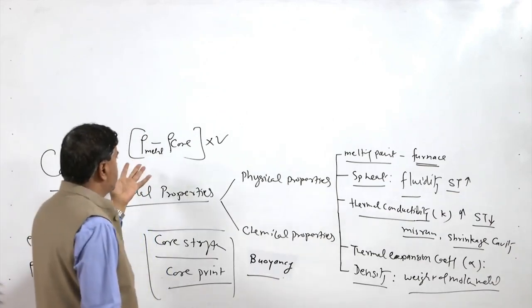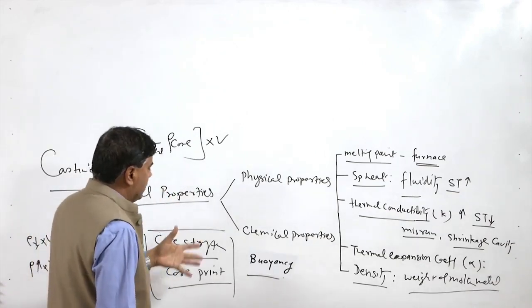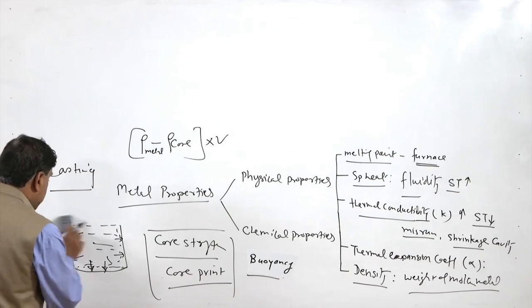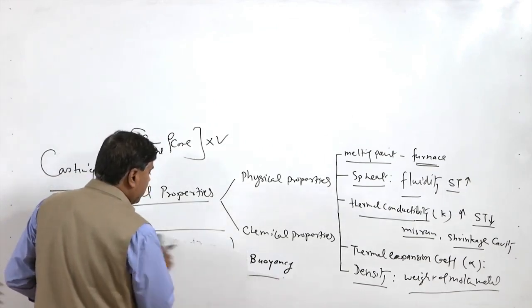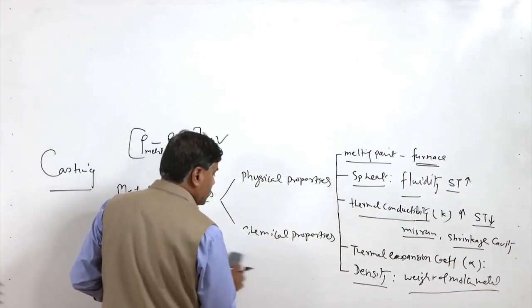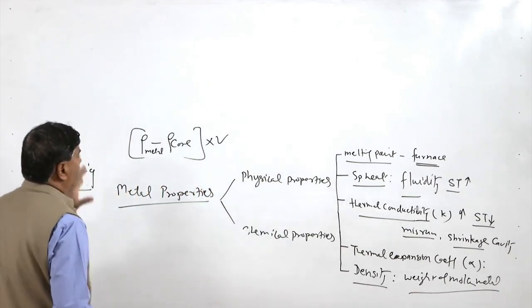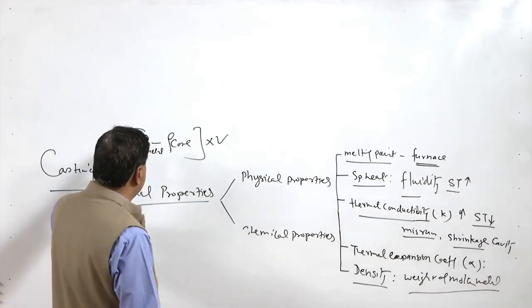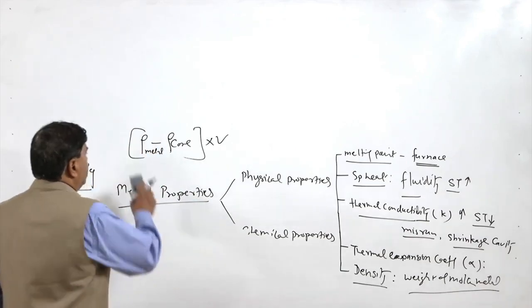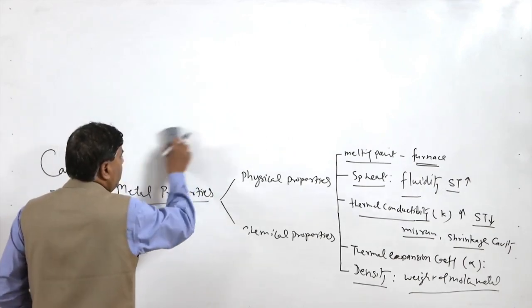If this force is too high, then the core will have a tendency to get fractured, collapse or break. So, the core design and core strength are influenced by the density of the metal which is being processed.